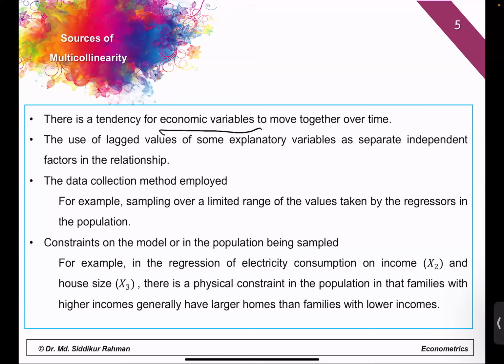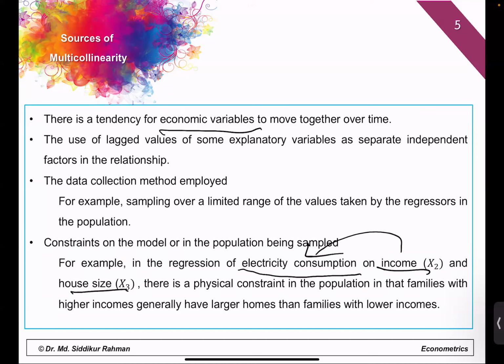I can give you one example: if you want to run a regression model on electricity consumption, on income and house size, my dependent variable here is electricity consumption. And what are the independent variables? Income and house size. These are the factors that might affect your electricity consumption.